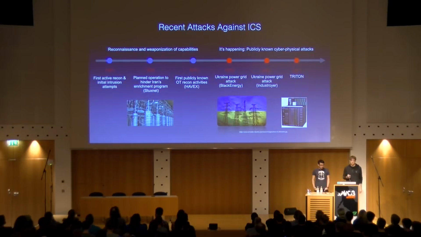We've seen some of the recent attacks. It started in 1999 with a first initial reconnaissance base mainly. And then we had some more advanced attacks in 2010, for example, where we saw Stuxnet, which was really an intricate operation.